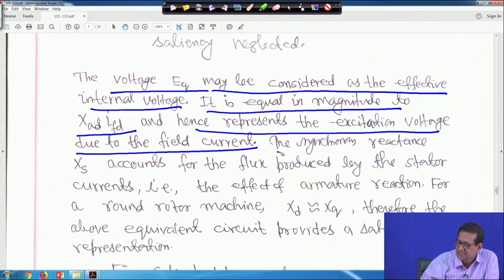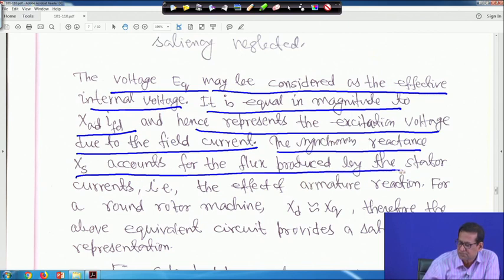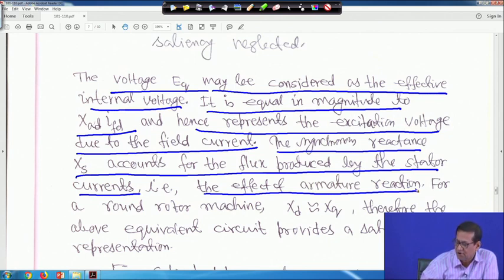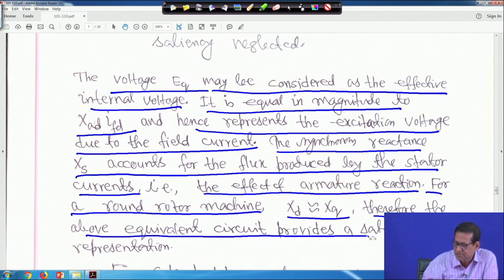The synchronous reactance xs accounts for the flux produced by the stator currents, that is, the effect of armature reaction. For a round rotor machine, xd is approximately equal to xq equal to xs, as we have taken. Therefore, the above equivalent circuit provides a satisfactory representation.